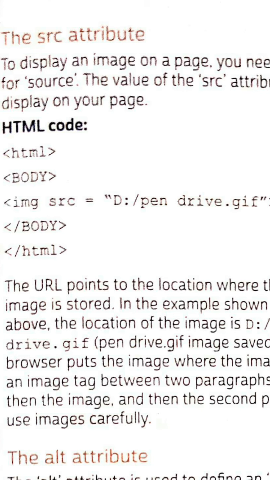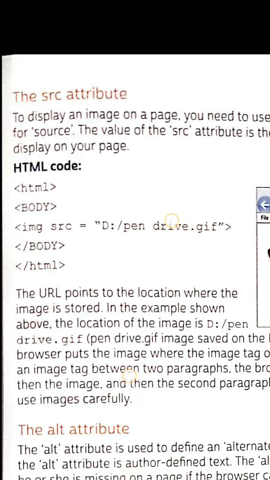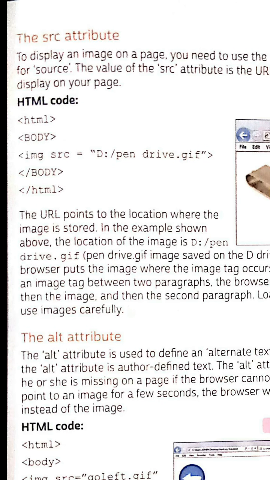Then close the body by giving a backward slash. Again close the HTML by giving a backward slash. Here it's telling the URL points to the location where the image is stored. In the above example, it's showing the location of the image. Where is the location? It is in the D drive, the pen drive. The pen drive.gif image is saved on the D drive of the computer.